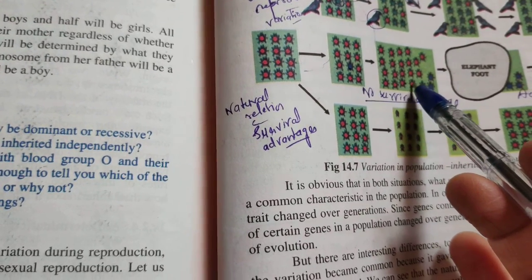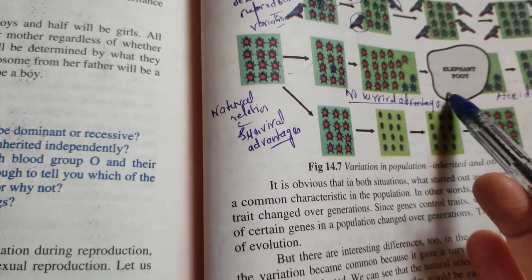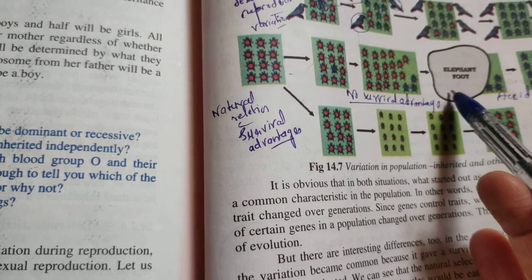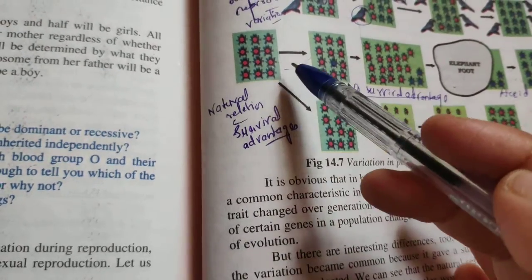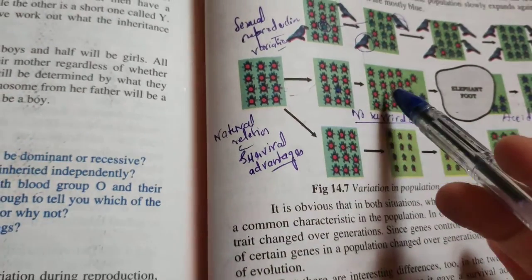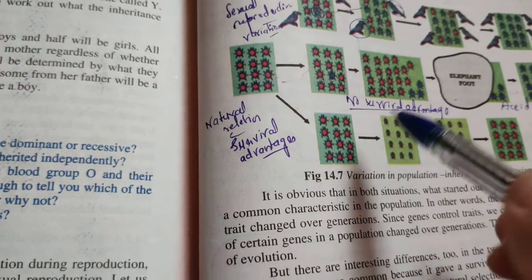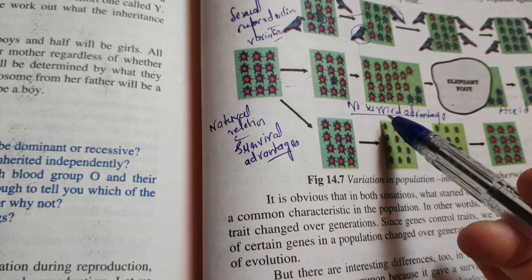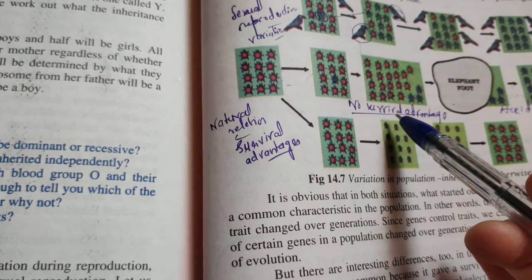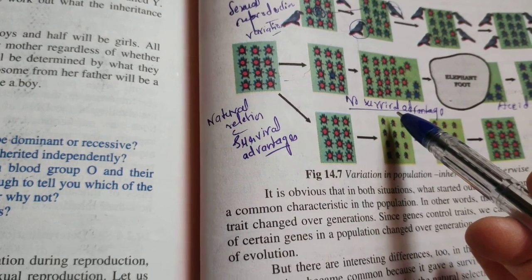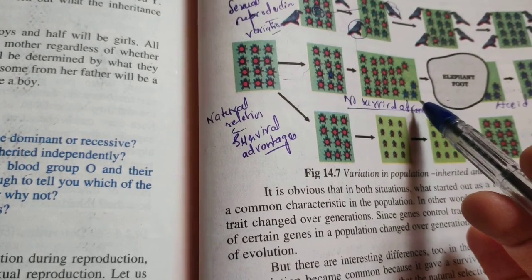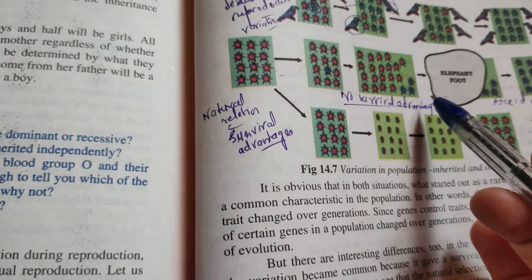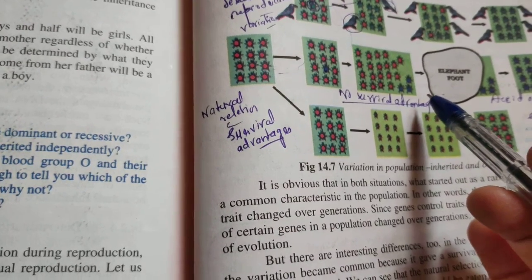But at this point, an elephant comes by and stamps on the bush where the beetles live. This kills most of the red beetles.